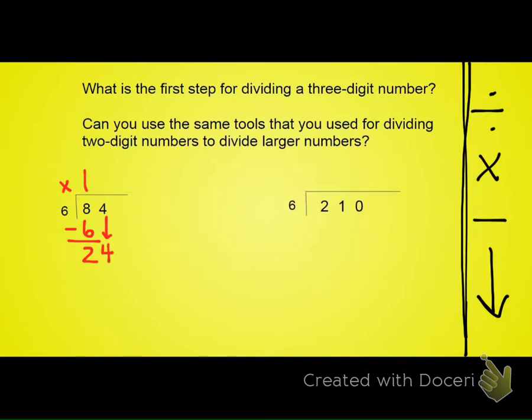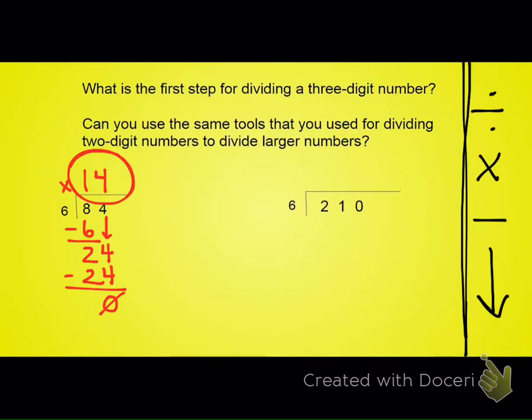We start the process all over again. 24 divided by 6. How many times does 6 go into 24? It goes in 4 times. Now we multiply. 4 times 6, 24. We subtract. That becomes 0. There's nothing left to bring down, so our quotient is 14.